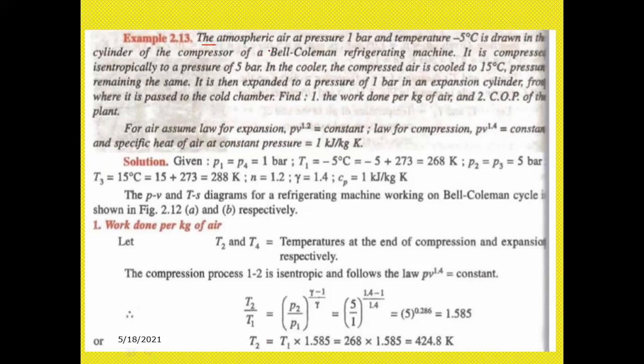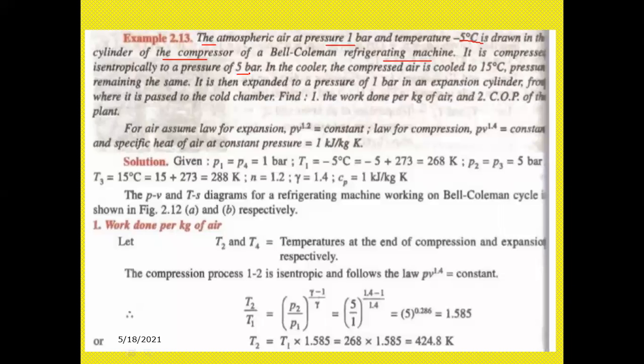The atmospheric air at a pressure of 1 bar and temperature of -5 degrees centigrade is drawn in the cylinder of a compressor of a Bell Coleman refrigerating machine. It is compressed isentropically to a pressure of 5 bar. So compressed first, you have to think which pressure 5 bar comes under: P2, P3 or P1, P4.